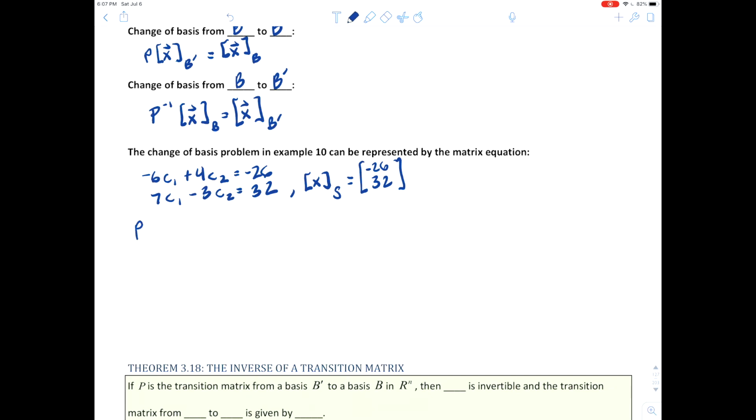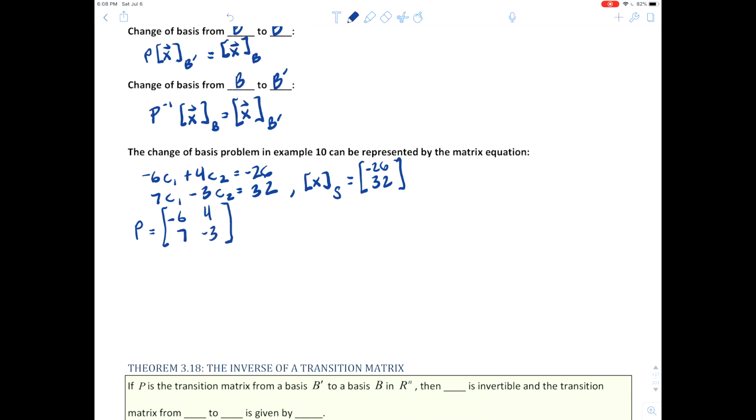If P is equal to, so you do your column of c1's, and you'd have negative 6, 7. Your column of c2's, you'd have 4, negative 3.